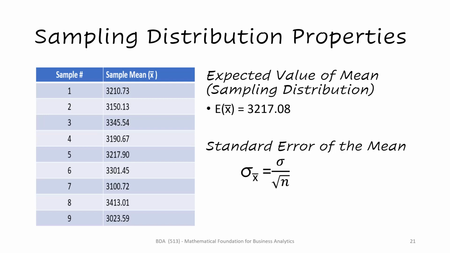Okay, so remember we are building this up to a certain level. The 3,200 is the population mean. My question is, the standard error is also the standard deviation of the sample distribution. Yes, sample distribution.